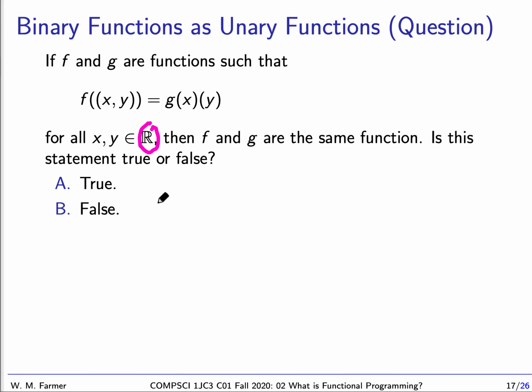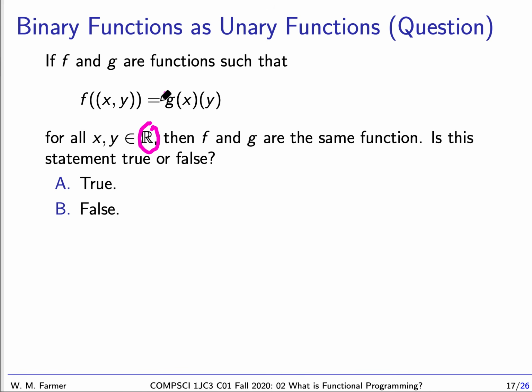I'm going to give you a moment to think about that, and you can decide whether the statement is true or false. Okay, now that you're back, let's look at this. These functions are always going to, in the end, give the same value.